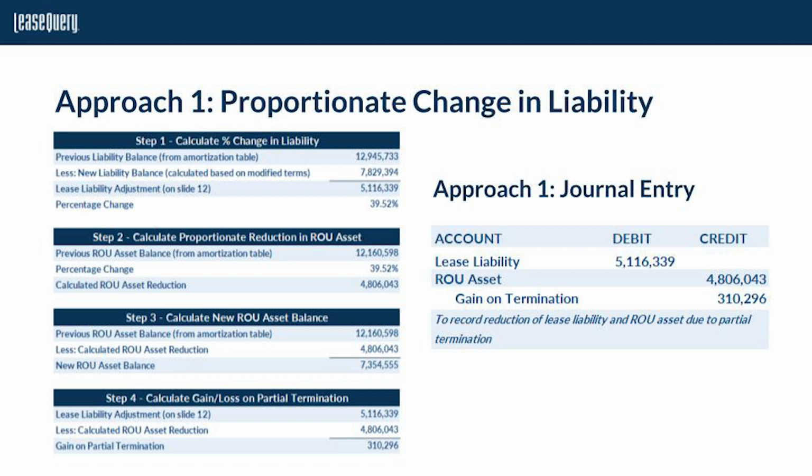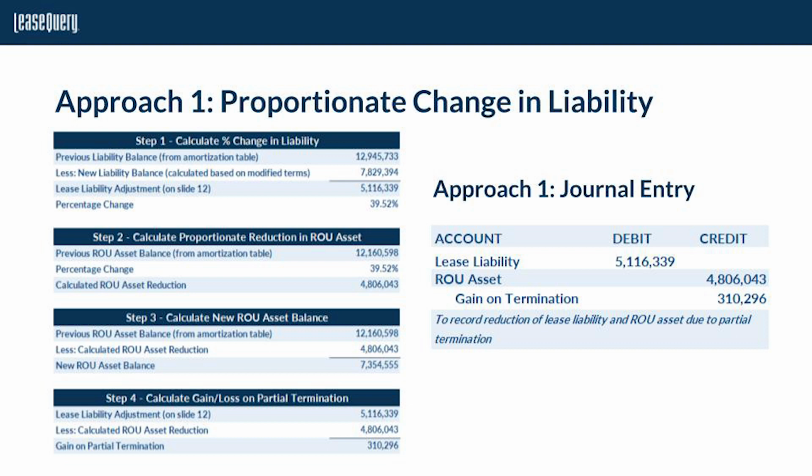So here are the steps for the first approach. Step 1, you take the reduction of the lease liability, this $5 million, and calculate it as a percentage, which the percentage change is going to be 39.52%. Apply that percentage change to the right of use asset balance directly before the modification to get the calculated amount of the right of use asset reduction.